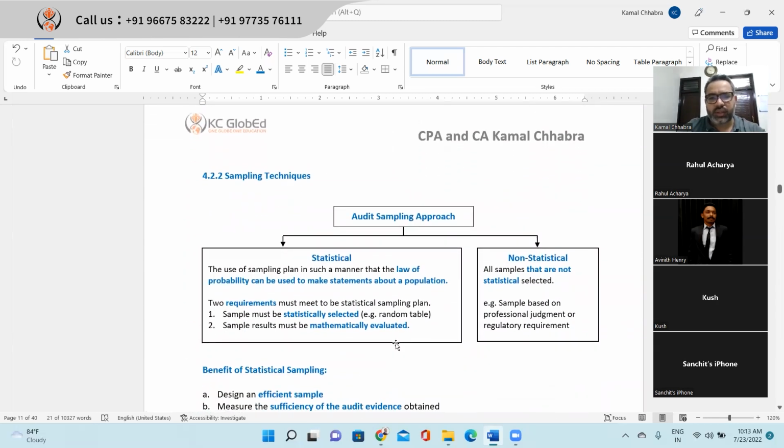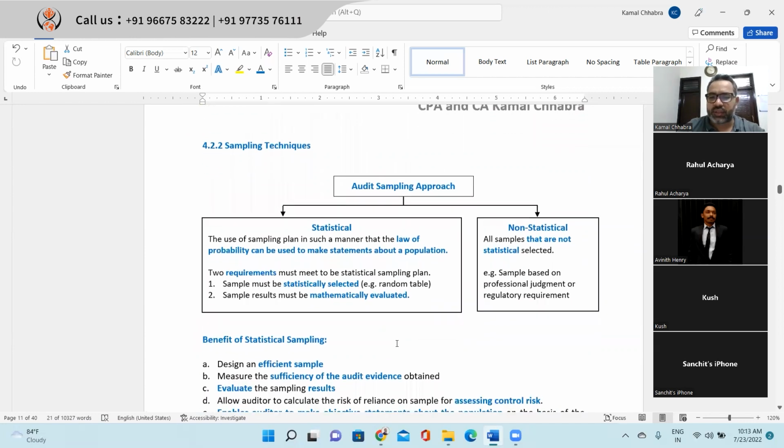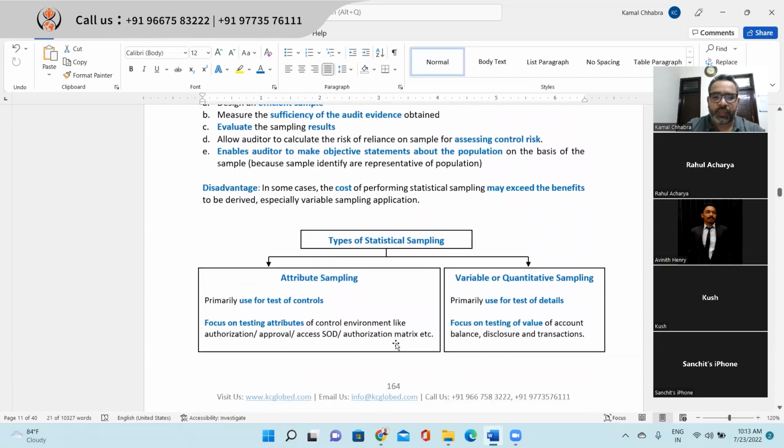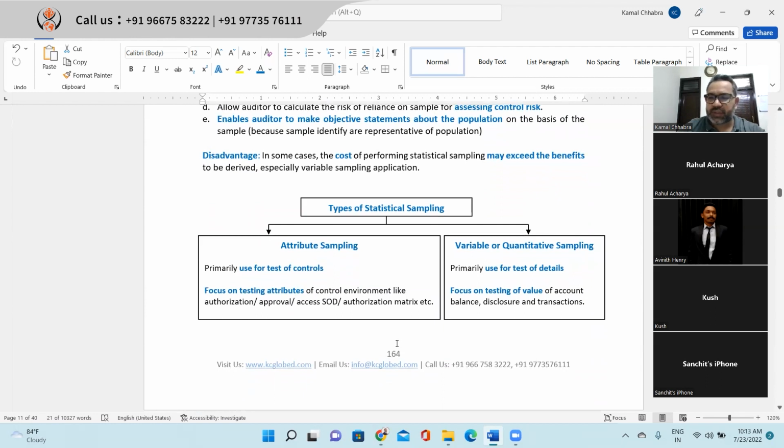After that, in last class, we started with sampling technique. We discussed statistical sampling and non-statistical sampling both. We discussed the benefit of statistical sampling. Then we discussed types of statistical sampling, which include attribute sampling and variable or quantitative sampling. Attribute sampling is majorly used for the test of control, and variable sampling, or you can say quantitative sampling, is majorly used when you need to test the value.